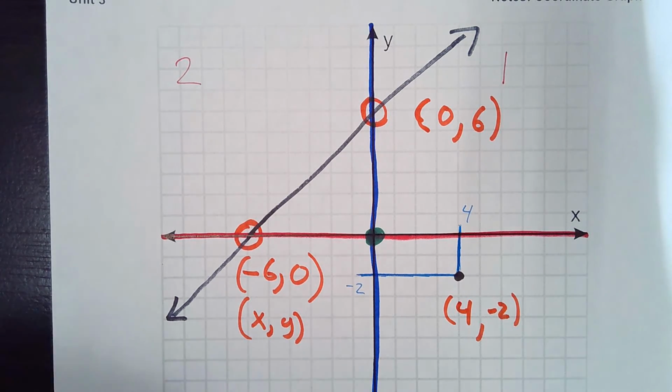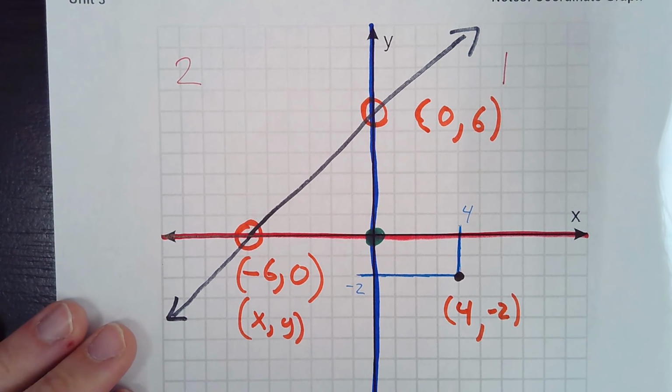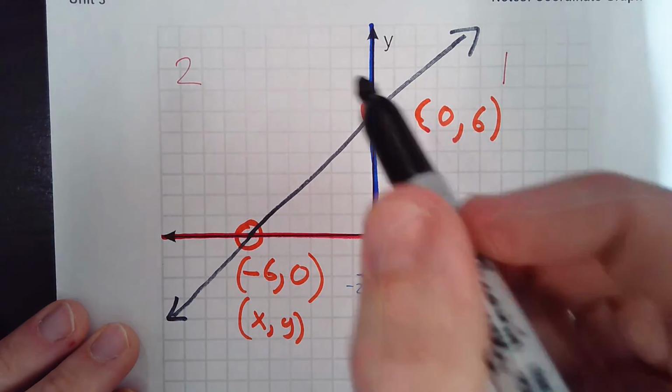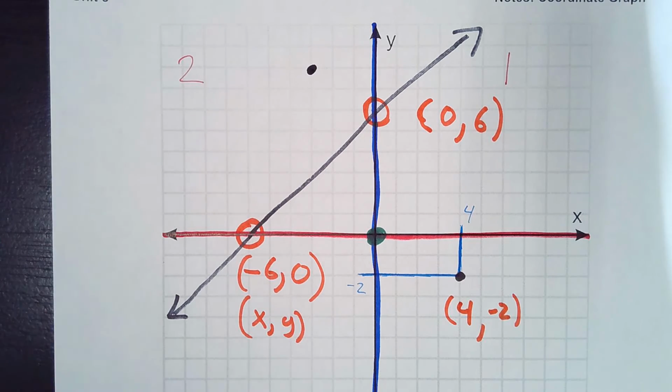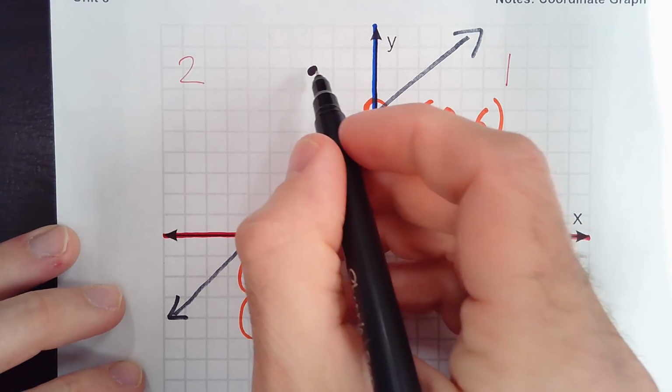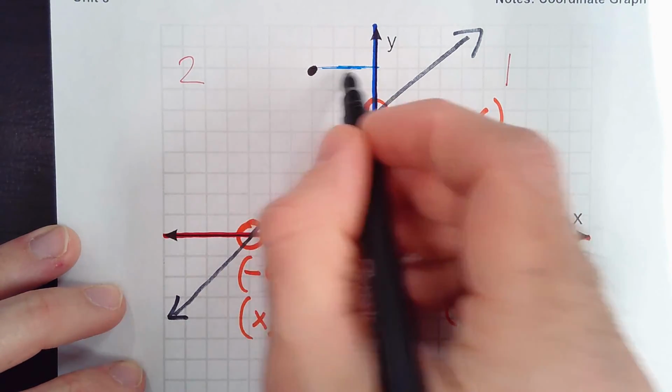Let's do one more point like that. What if we had one, let's put it up here. So if we had that point up there, let's do the same thing, just extend that to our x and y axis.